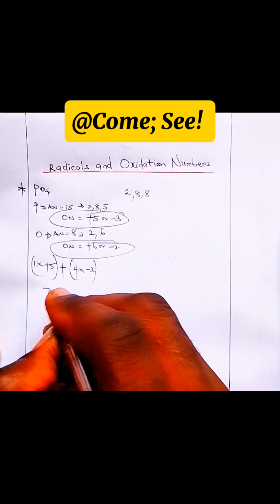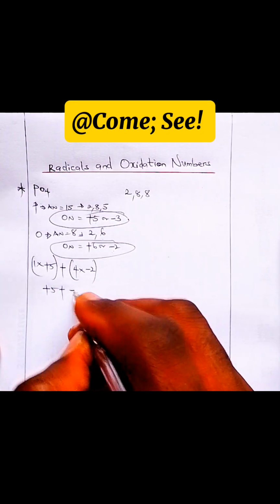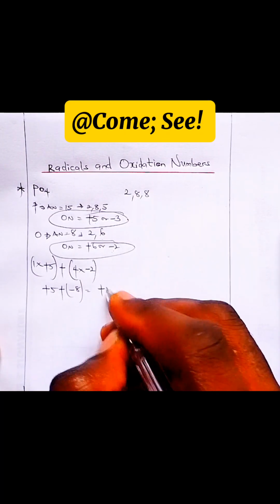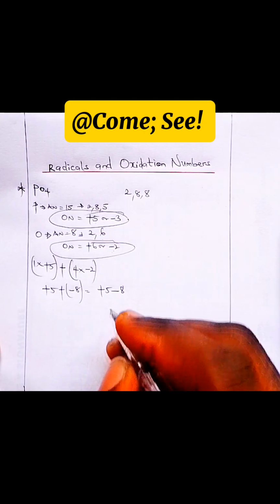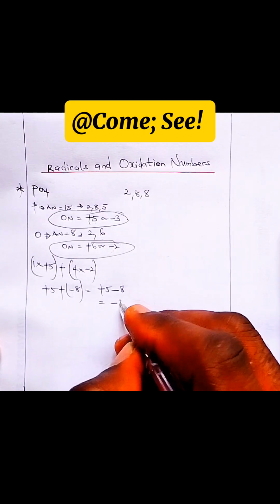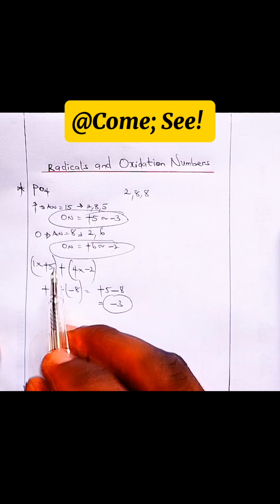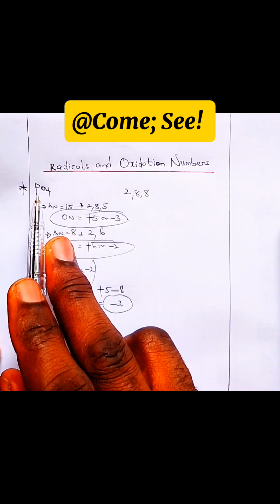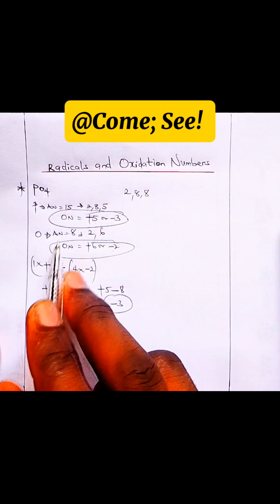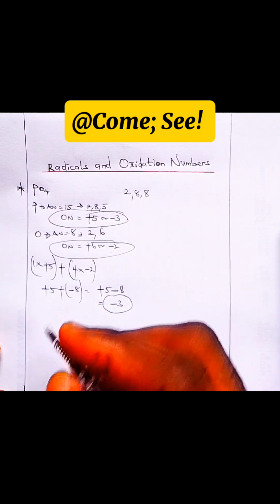So plus 1 times 5 is plus 5. 4 times minus 2 is minus 8. Plus 5 minus 8 will give us minus 3. It means PO4 is tetraoxo phosphate 5. It means PO4 is an anion. It's a negative radical. So that's what it is.